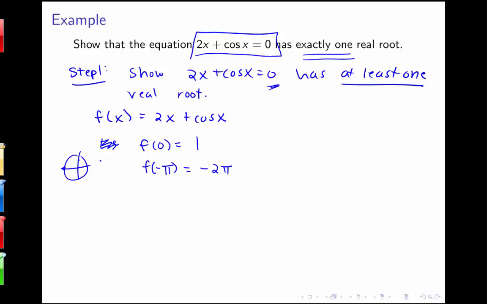Cosine of negative pi as well as cosine of pi would give me negative 1. So I have negative 2 pi minus 1. So we can see that f is continuous. Remember, the intermediate value theorem required continuity, so f is continuous on the interval from negative pi to 0, since it's defined on all real numbers.